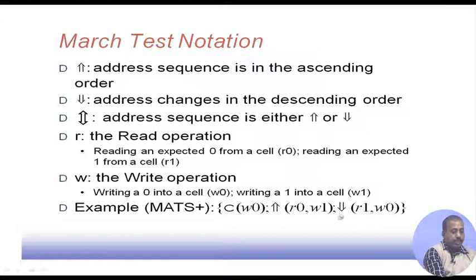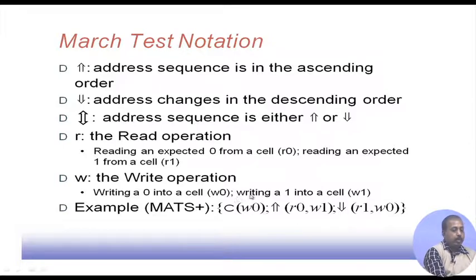Then in the descending order we do this read operation. Since we have written a 1 here, we are expecting to get a 1 while reading. This is the descending order reading, and then we write a 0 there. So, if the memory is flawless, what will happen?